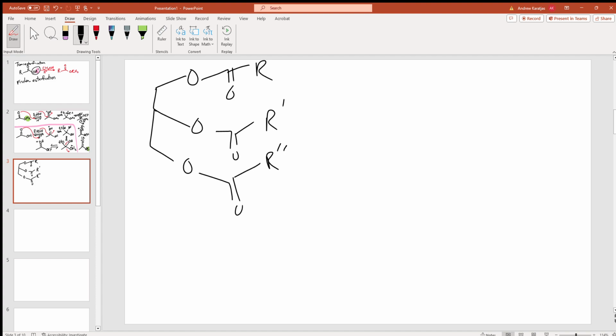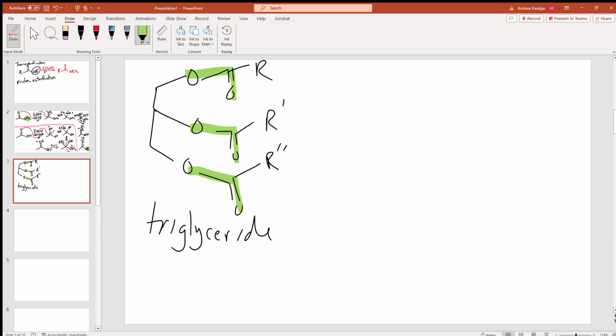Here is a triglyceride. And the triglyceride contains the three separate ester functionalities. That's what sort of holds the triglyceride together. It's the bond between glycerol and then the fatty acid.